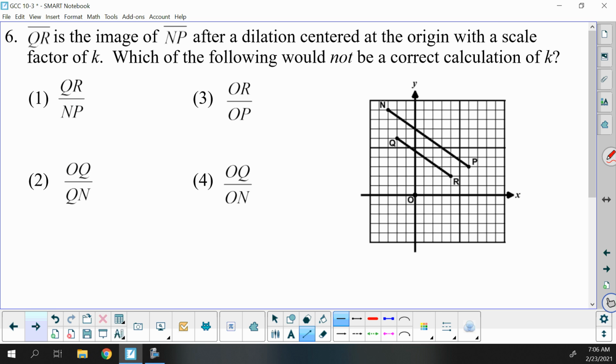Give you a moment to read through question 6 on page 25. So when working with your scale factor, which they're calling K, our fraction needs to be something involving the image in the numerator over the pre-image.